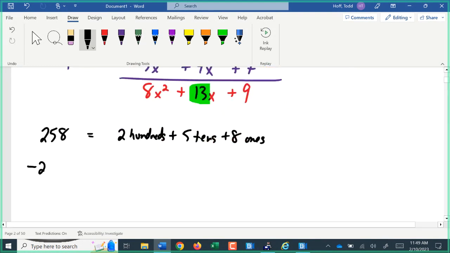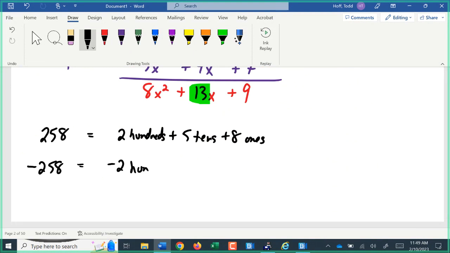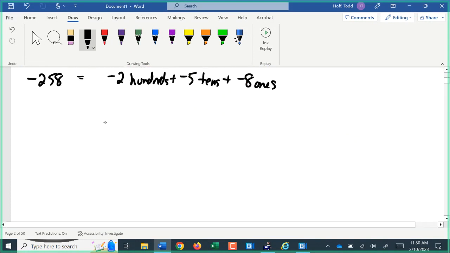If it was negative 258, that'd be negative 2 hundreds and negative 5 tens and negative 8 ones. Every digit is negative. But in an algebraic number, each digit is free to be positive or negative on its own.